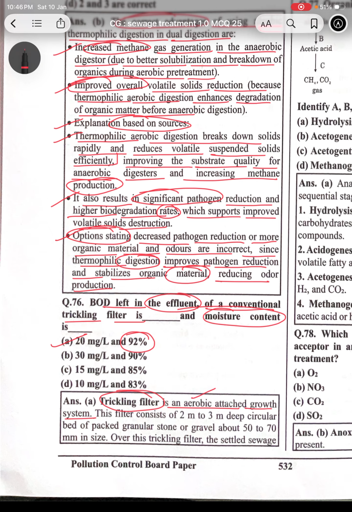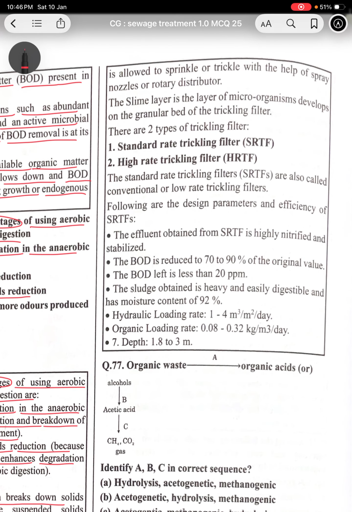The filter consists of a 2 meter or 3 meter deep circular bed of packed granular stone or gravel about 5 to 70 mm in size. Over this, the settled sewage is allowed to sprinkle or trickle with the help of spray nozzles or rotary distributors. The slime layer is the layer of microorganisms that develops on the granular bed of the trickling filter.